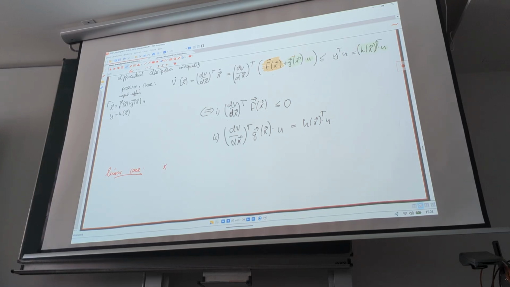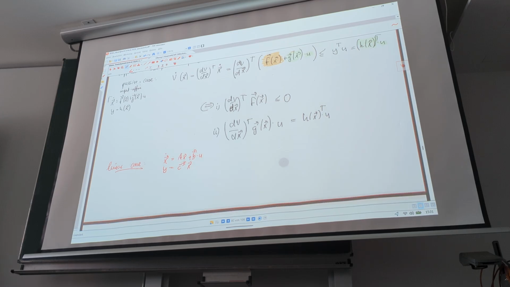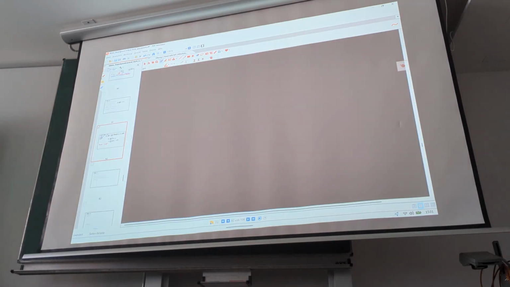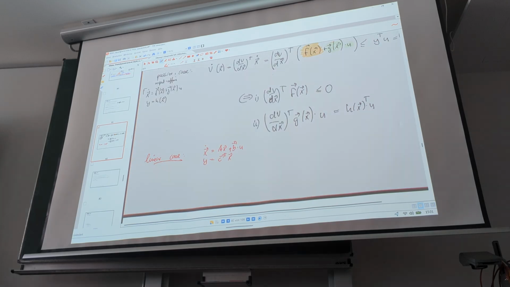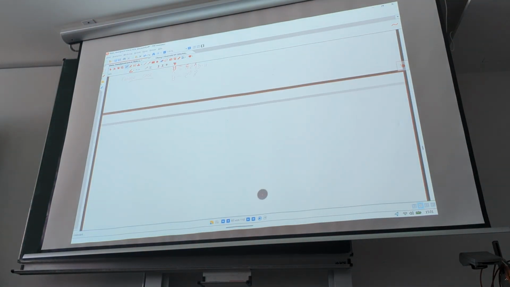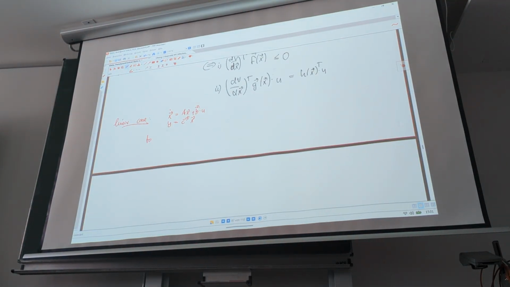So if I again look at my x dot equals Ax plus Bu and y equals C transpose x, then take V of x to be some quadratic storage function, x transpose Qx, where Q is positive semi-definite, and also symmetric.